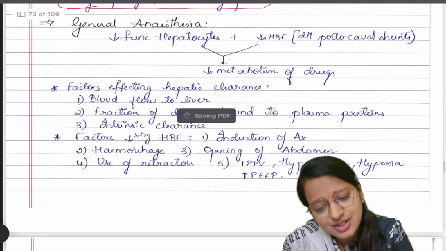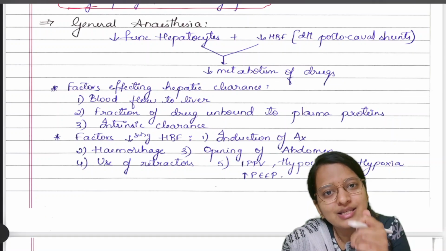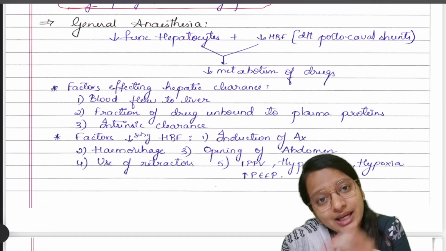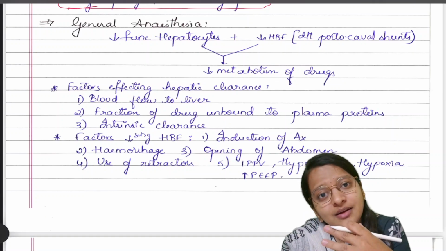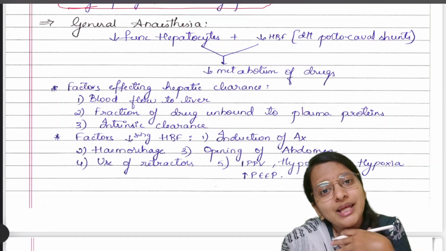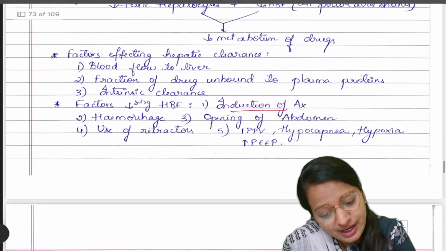Coming to general anesthesia, the main problem is the metabolism of drugs is decreased due to a decrease in functional hepatocytes and also a decrease in hepatic blood flow. Either it's already present, or I might induce a decrease in hepatic blood flow by induction of anesthesia.